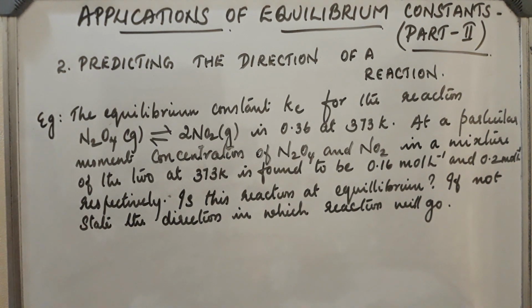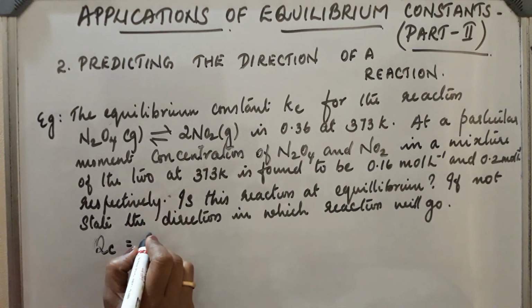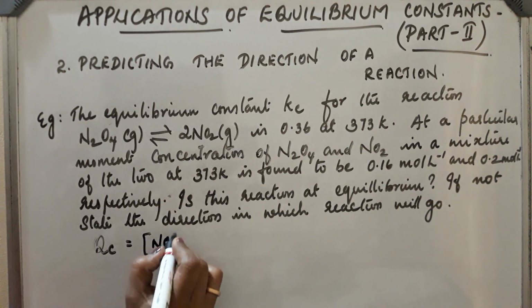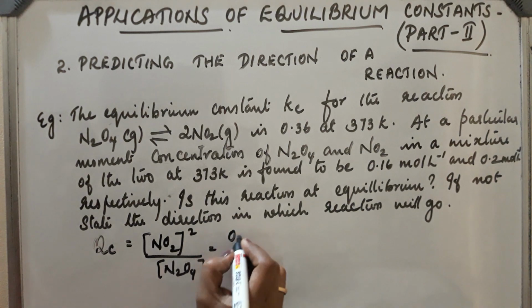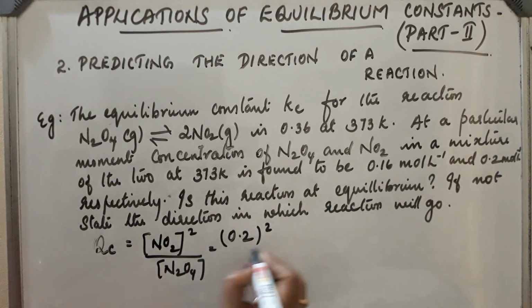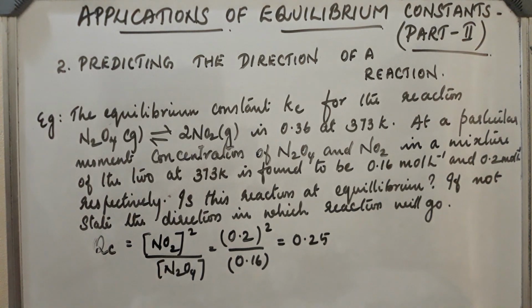For that, first we have to find QC. QC is equal to the concentration of product squared by the concentration of N2O4 reactant. The concentrations are given: 0.2 squared by 0.16. The answer is 0.25. So QC we got is 0.25.